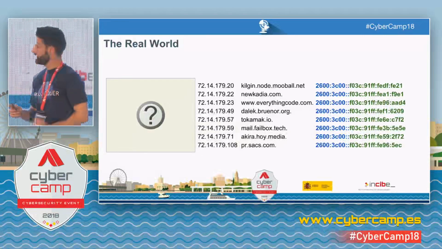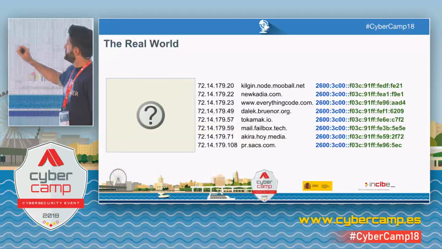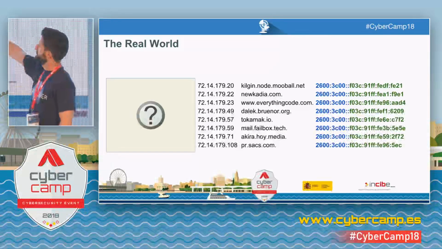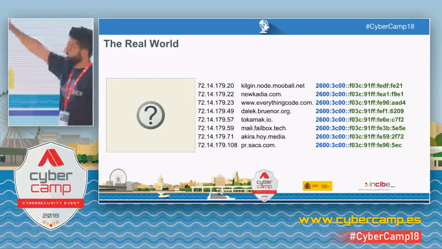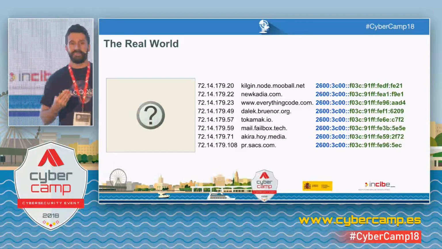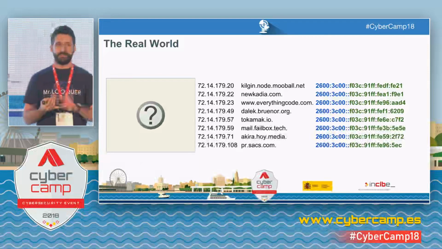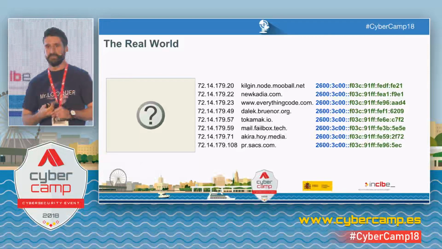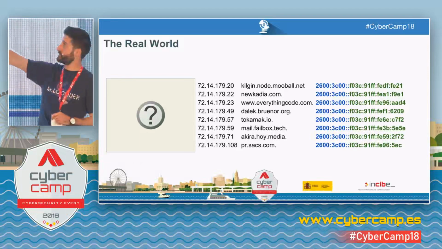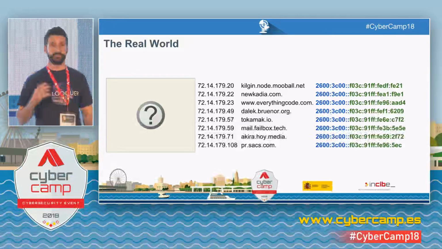Just with the IP address, I cannot know. However, with IPv6, what happens? If you try to solve this, you'll see that the prefix is exactly the same. What does it tell you? From an infrastructure management and network point of view, all these host domains are related.